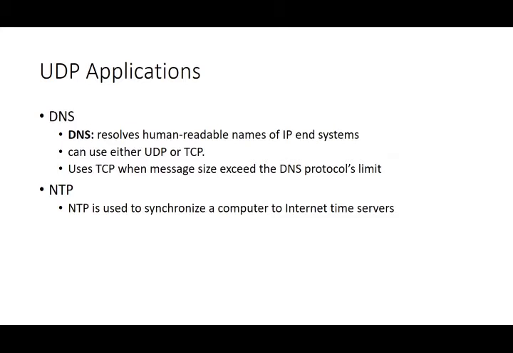When we do name resolution, it uses UDP in most cases. That is faster than TCP, because we don't have to establish a three-way handshake and we don't have to worry about all of the reliability mechanisms that are built into TCP. But if we have a message whose size is going to be bigger than the DNS protocol's limits, and we are going to need reliable service, then DNS can use TCP.